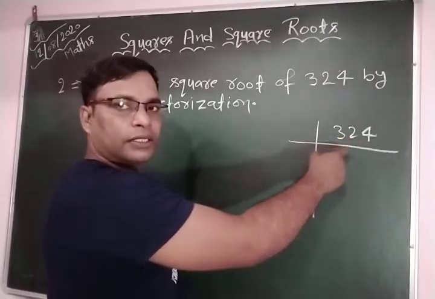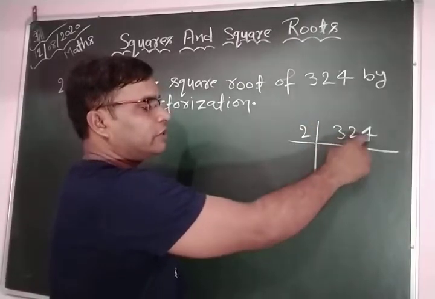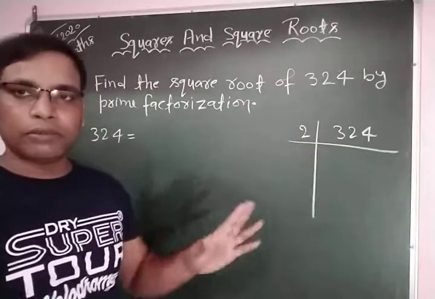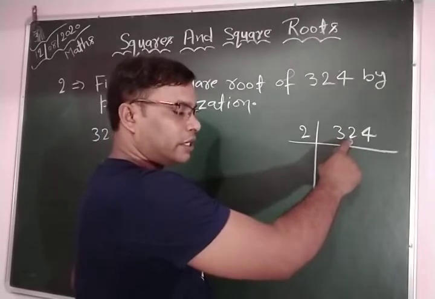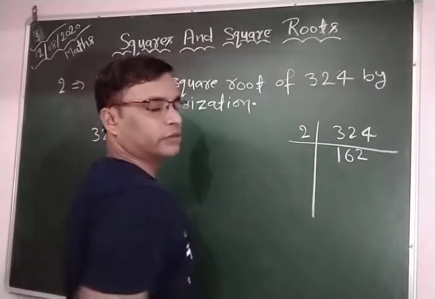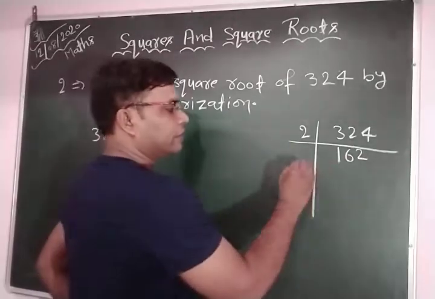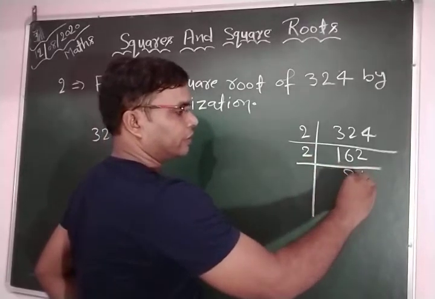The unit digit is 4, so it means this number is divisible by 2. If you divide 324 by 2, we obtain 162, and again this number is divisible by 2, so you obtain 81.